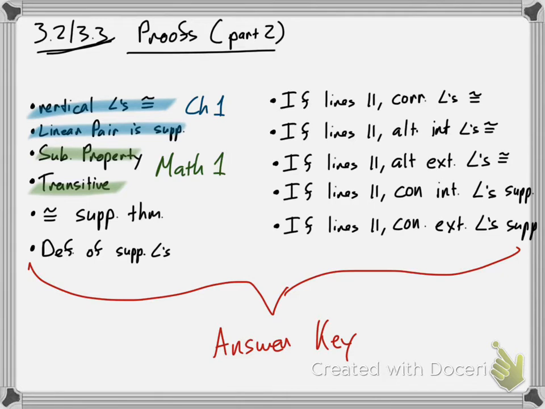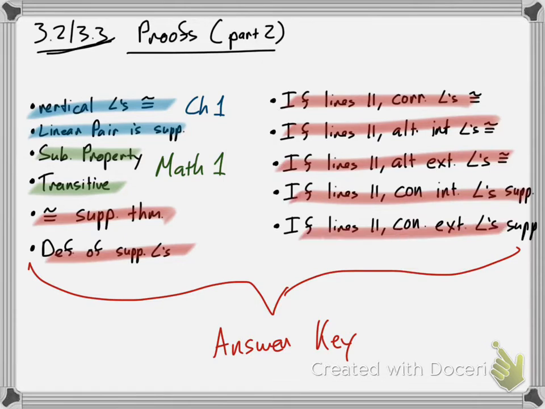The rest of these theorems we have talked about in chapter 3, or will talk about today. Okay, so there's a list of all of our theorems and postulates that we'll be using in some of our proofs.